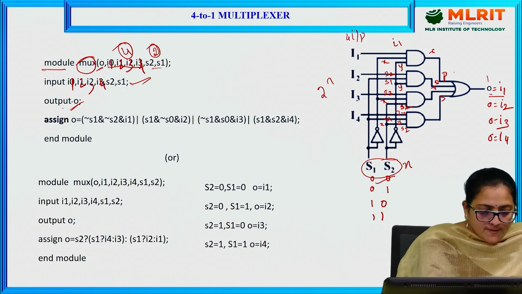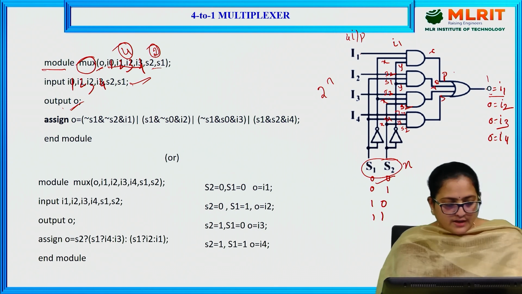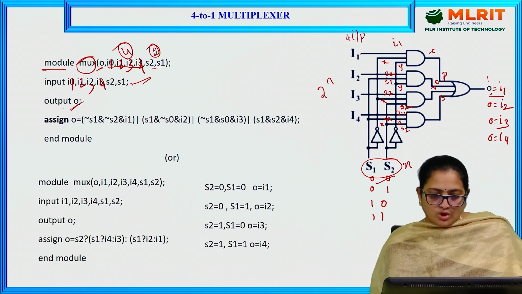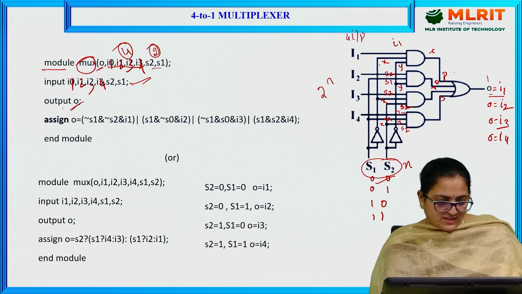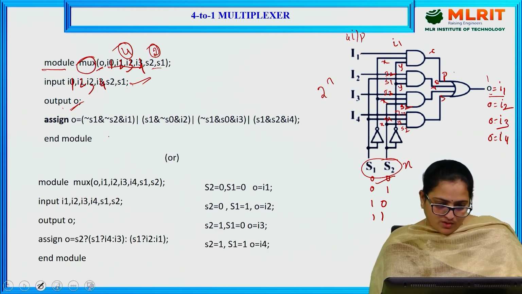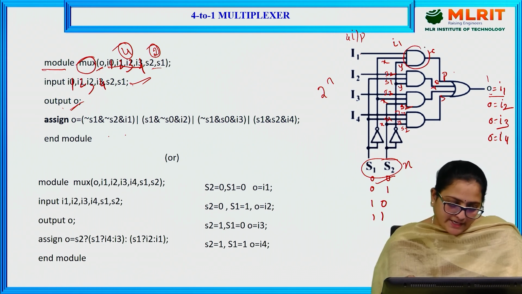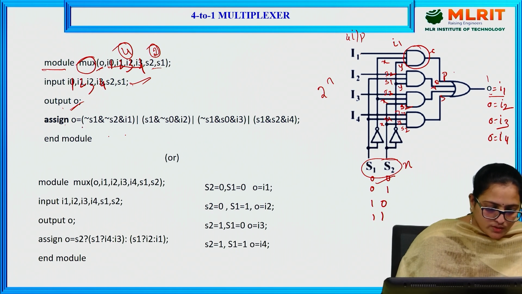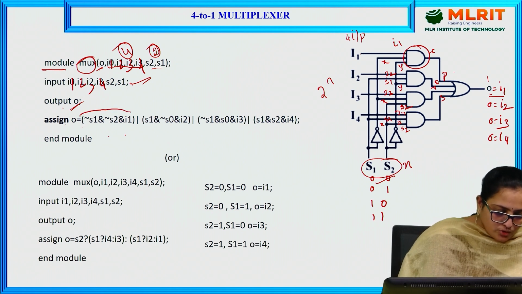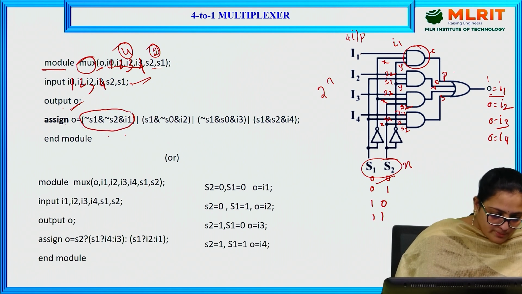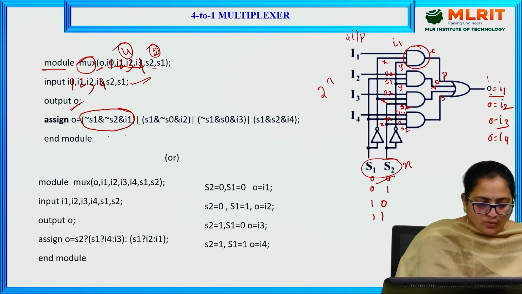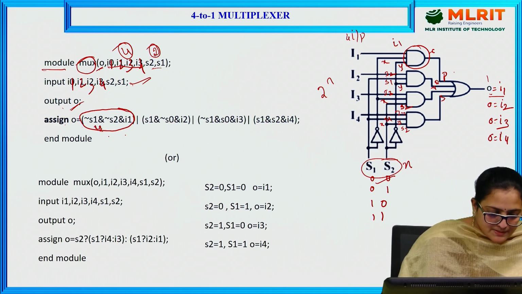The output is O. Assign O is equal to the complement of S1, which is X, and the complement of S2, which is Y, and I1, which is the AND operation for the first AND gate. That is X ampersand Y ampersand I1.